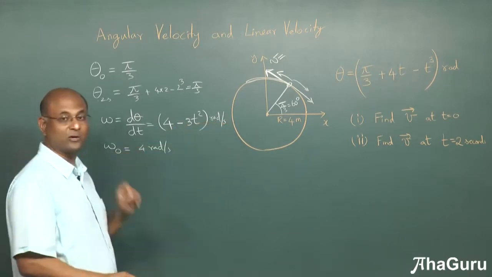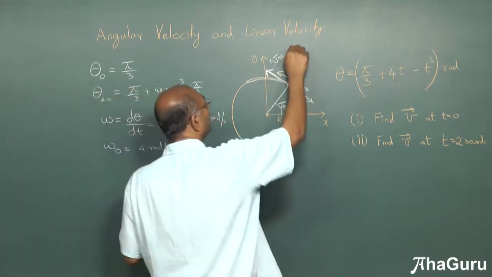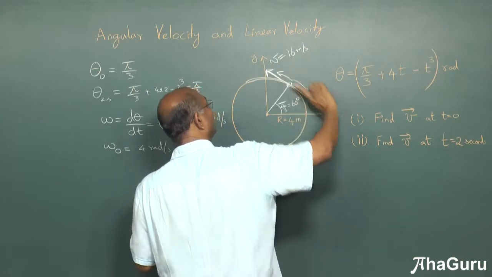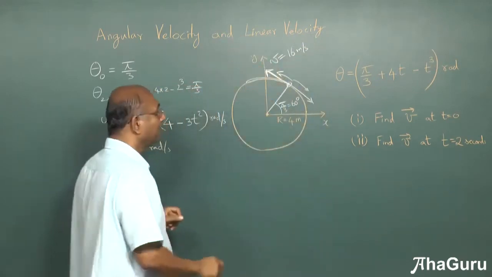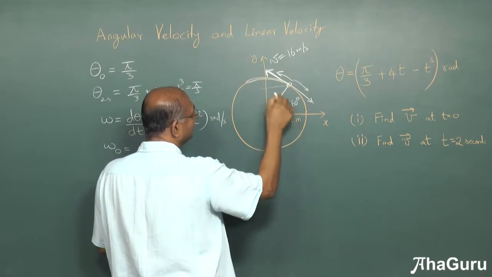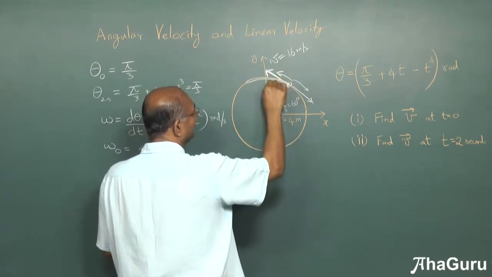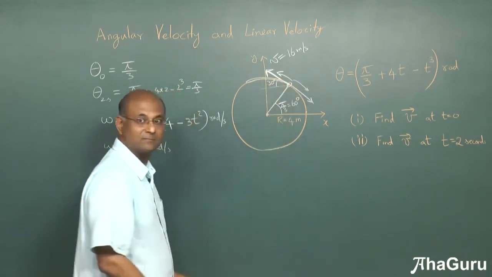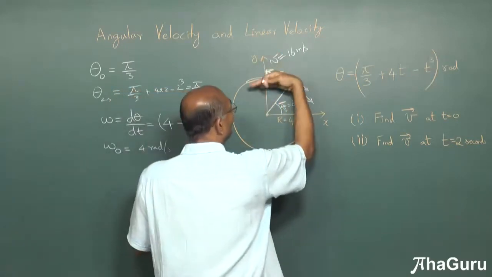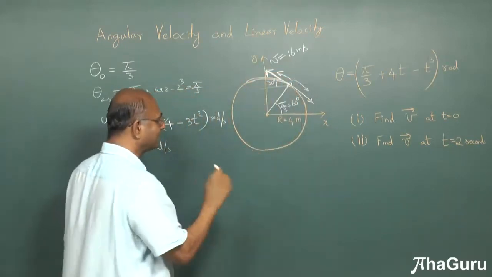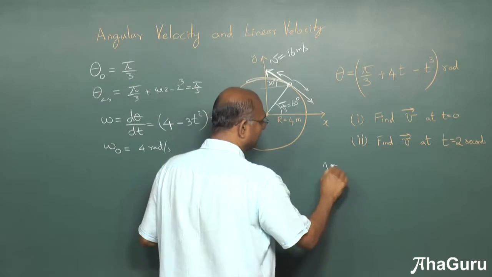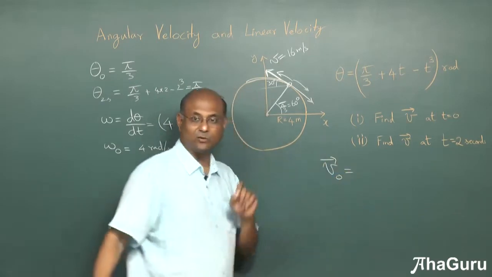R is 4, so 4 into 4, 16 meters per second, like that, making an angle of 60 degrees. Notice that if this is 60, this must be 60, and that must be 30 degrees. So 16 cos 30. The velocity at time t equals 0, I'll call it V0.